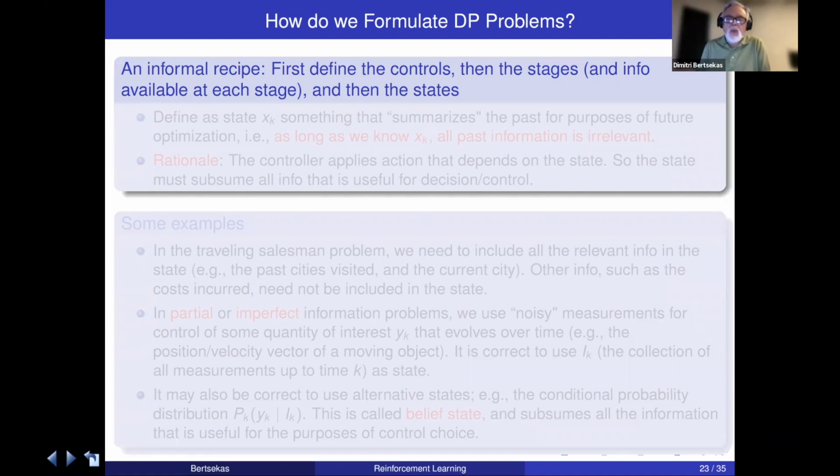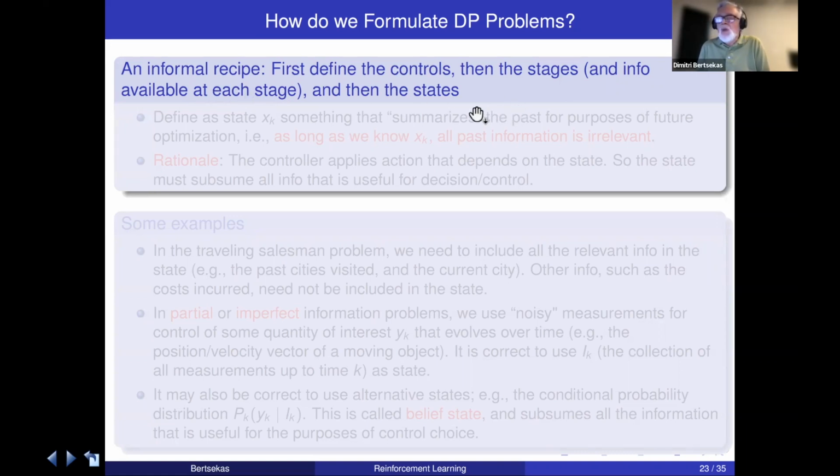These are the decisions that you make. Then you need to decide what the stages are. Particularly for a stochastic problem, the stages are demarcated by when information arrives to you. When new information arrives, that's the time to adapt your policy and to choose the control based on that information.